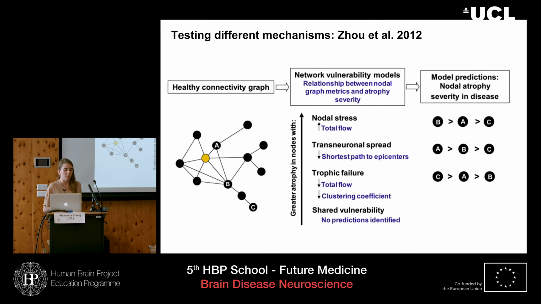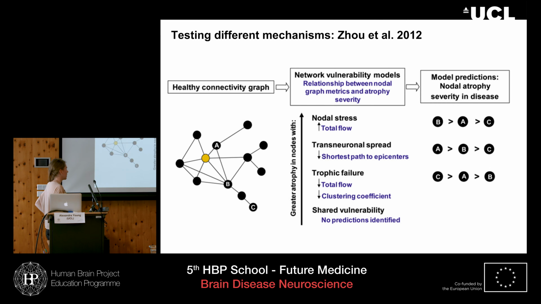So here's the first example of testing different mechanisms, by Zhou et al. in 2012. What they do is they derive a healthy connectivity graph and then look at the network vulnerability based on different models and how this relates to actual atrophy that's observed in the disease. They have several different hypotheses. The first is nodal stress.